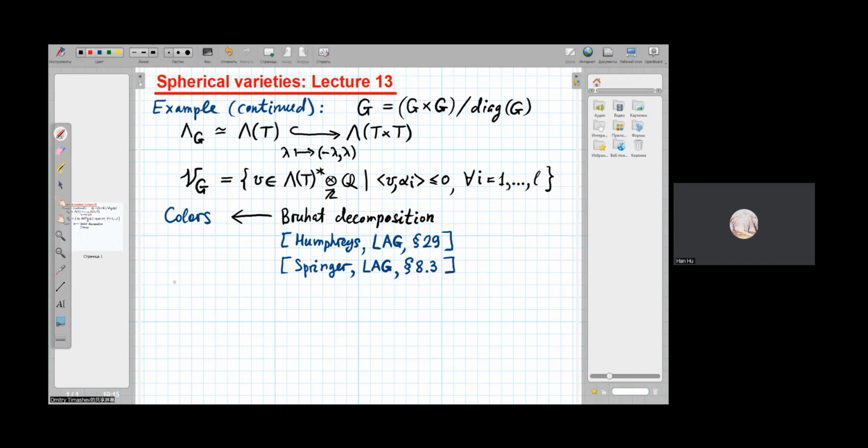There are as many colors as there are simple roots, and each color is the closure of the double coset B minus dot r sub i dot B, the closure of this double coset. So i ranges from 1 to l.